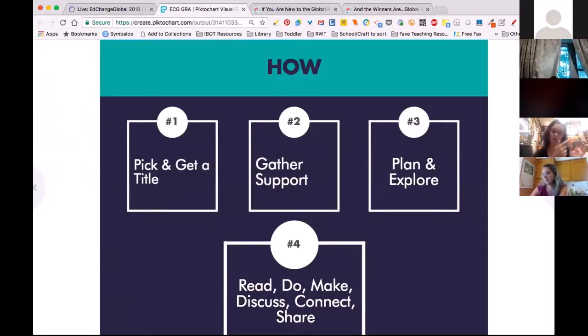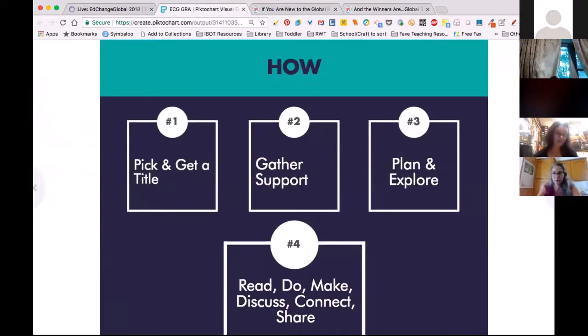So some of those books might fit in more with them than us, just not the ones we've chosen so far. But you could also approach it from that angle. So if you want to gather support, find that one person, and then it'll multiply into more people. So I approached the diversity committee, and we got the principal on board. He was very supportive from the get-go, and then other people came in from there.